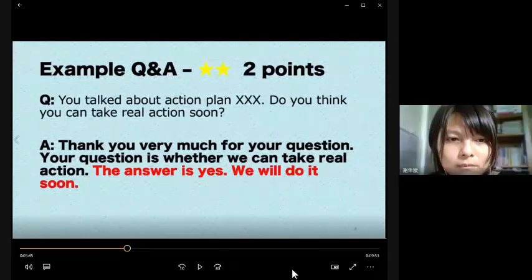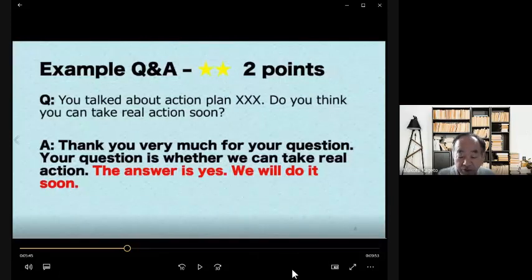We have already got the permission from school. We can start it as soon as possible. I believe our action plan contributes to country A or country B, like that. The gratitude is the same, but an explanation about the real action plan is needed if you want to get 3.